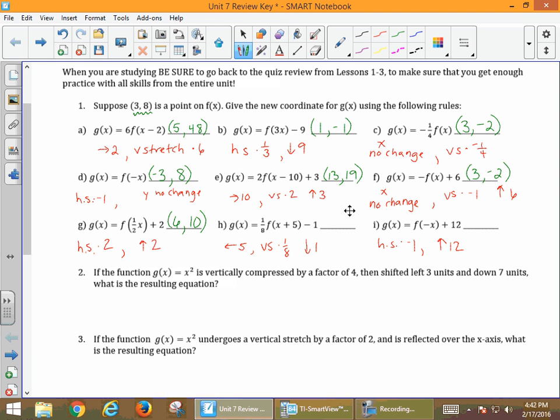For H, it says go to the left 5, which is subtract 5. So 3 minus 5 is -2. And my y values, I have to multiply by 1/8 and then subtract 1 because it's going down. So 8 times 1/8 is 1, and 1 minus 1 is 0.